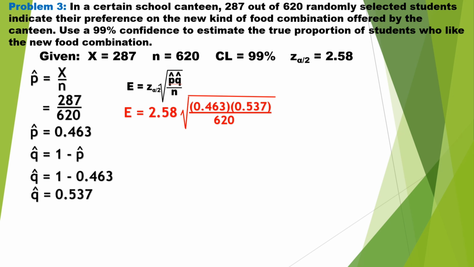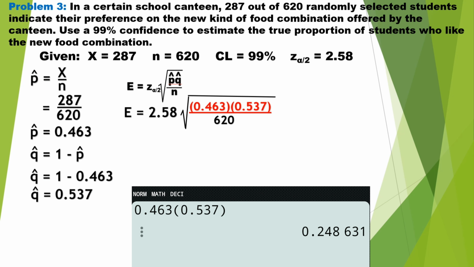Substituting the values on the formula, we have E equals 2.58 multiplied to the square root of 0.463 times 0.537 all over 620. To solve, simplify first the numerator inside the radical sign. 0.463 times 0.537 equals 0.248631.